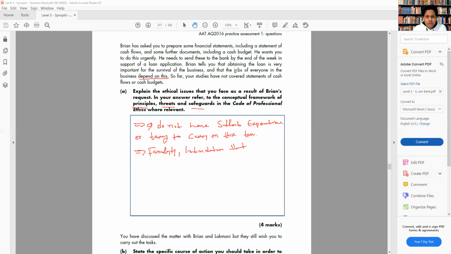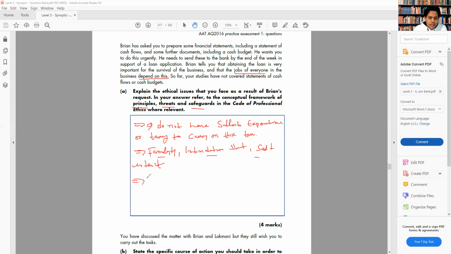So everyone's job will be at risk. That means they're pressuring you. If you don't do it, maybe you're going to lose your job. And self-interest threat as well, because you might think I have to keep my job, so let's do it. Even if it is right or wrong, doesn't matter, I'll do it because I have to save my job. So in this situation, these three threats you face here.